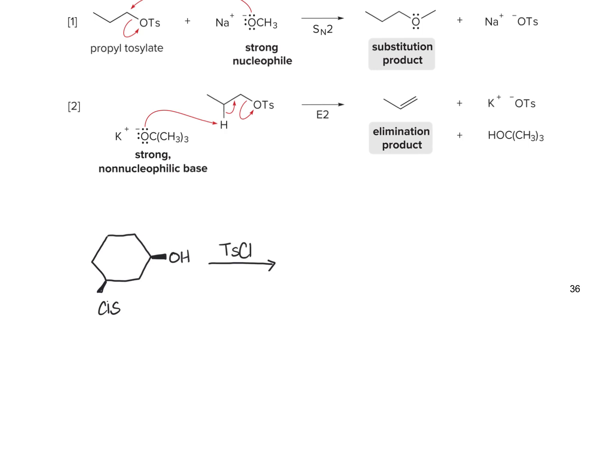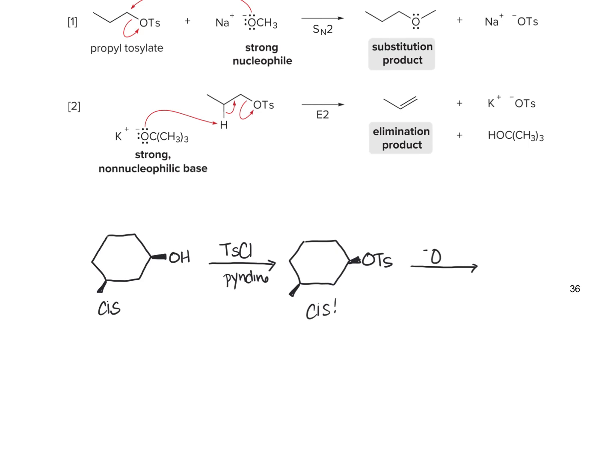So we're going to have the tosyl chloride and pyridine, and we are going to retain that configuration. All that means is the configuration isn't going to change, so it's still cis.